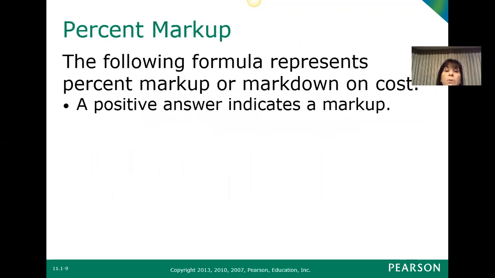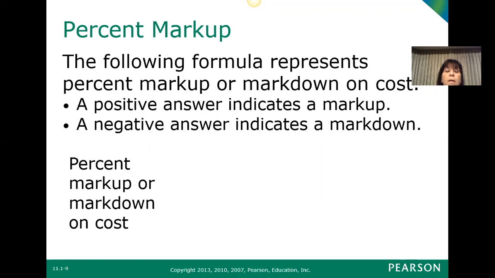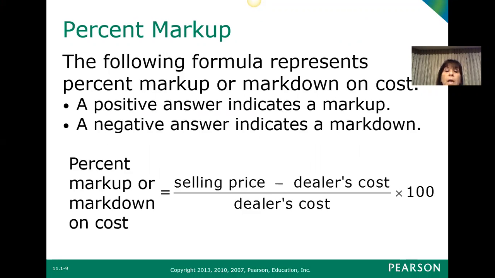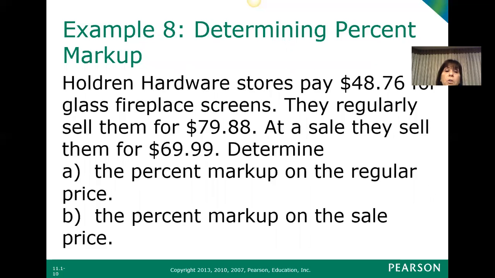This is the same principle in markup. Again, a positive answer indicates a markup, a negative answer indicates a markdown. So you take the selling price minus the dealer's cost over the dealer's cost. So if you're doing a markup or a markdown, the new price is the selling price minus the original price, which was the dealer's cost, divided by your dealer's cost.